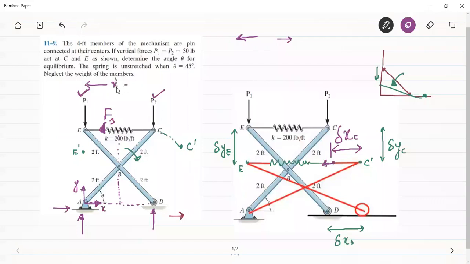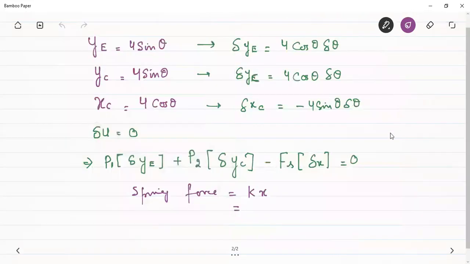I can take this to be the length of the spring. It will be equal to 4 cos theta. So currently the length of the spring, this L, is equal to 4 cos theta.